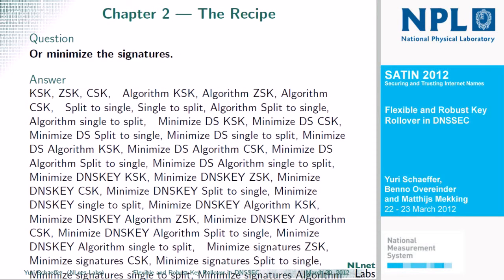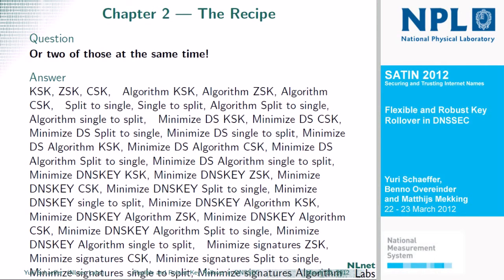And, of course, why not for the signatures? I'm running out of slide here. But I'm not quite done. I can maybe, in some situations, minimize the number of DSs and the number of signatures at the same time. I think I need about 3 slides. And if you give me enough time, I think I can come up with some scenarios with some other things you might want to do.